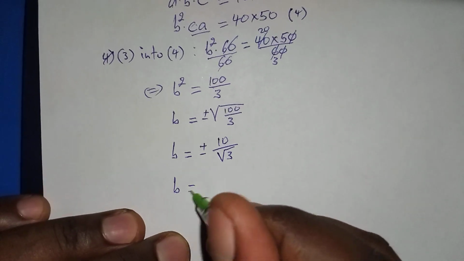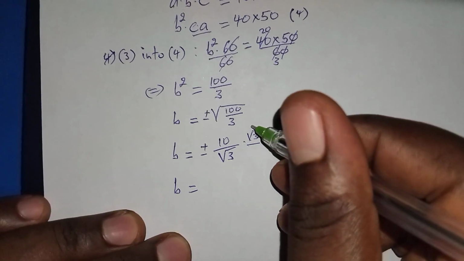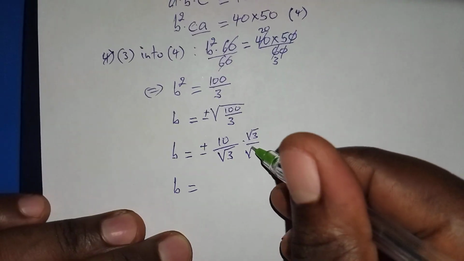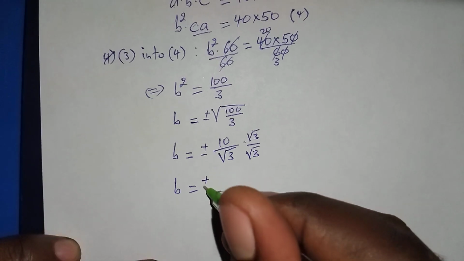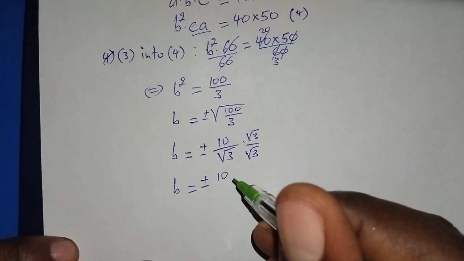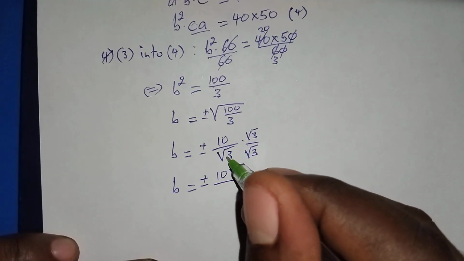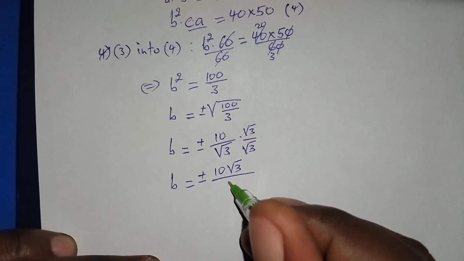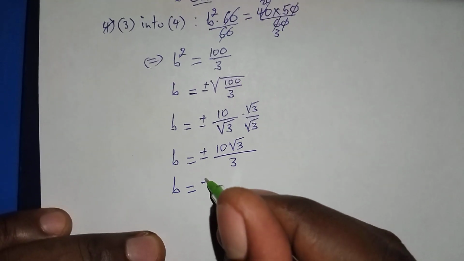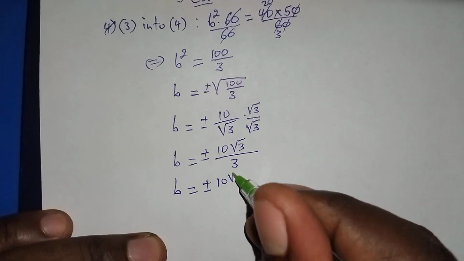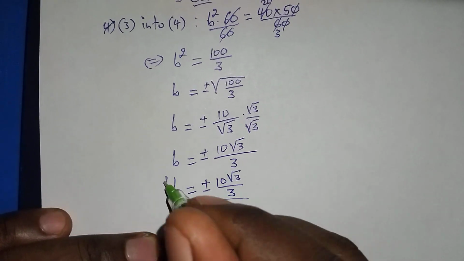Let's multiply by square root of 3 on the numerator and on the denominator. Here we have plus or minus 10 square root of 3 over square root of 3 times square root of 3, which is equal to 3. So the solution of B is equal to plus or minus 10 square root of 3 over 3. This is the value of B.